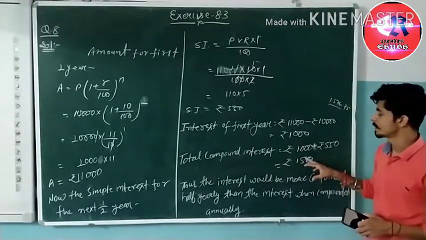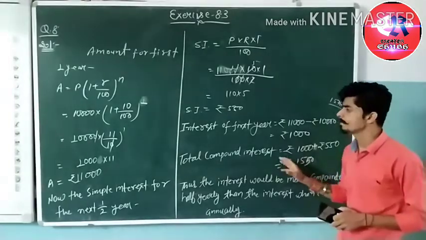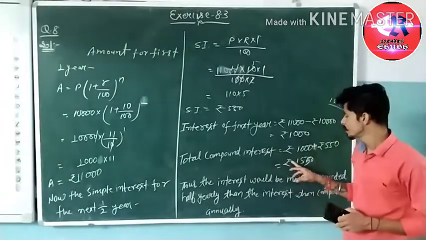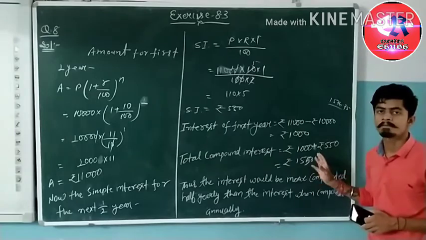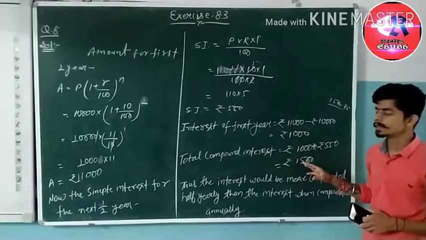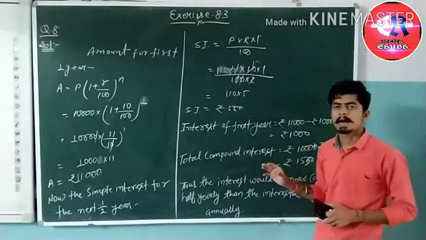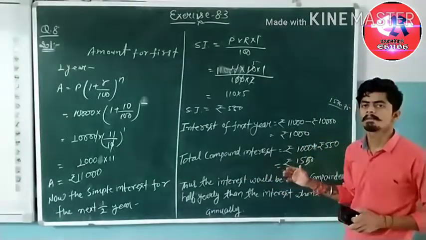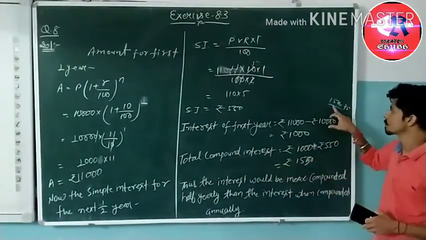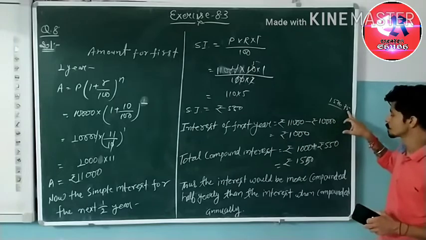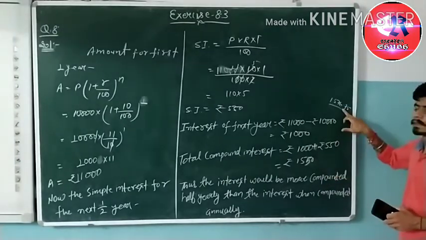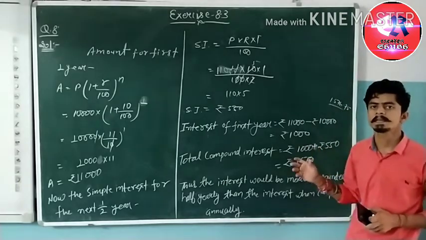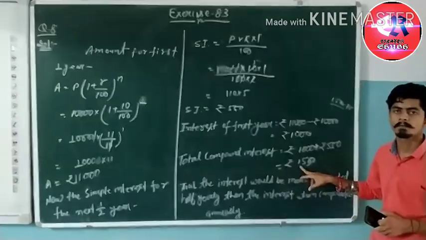So when the data is compounded annually, the total interest is 1,550, and when compounded half yearly, the total interest was 1,576.75. As we compare both, the interest compounded half yearly is more than the interest compounded annually.